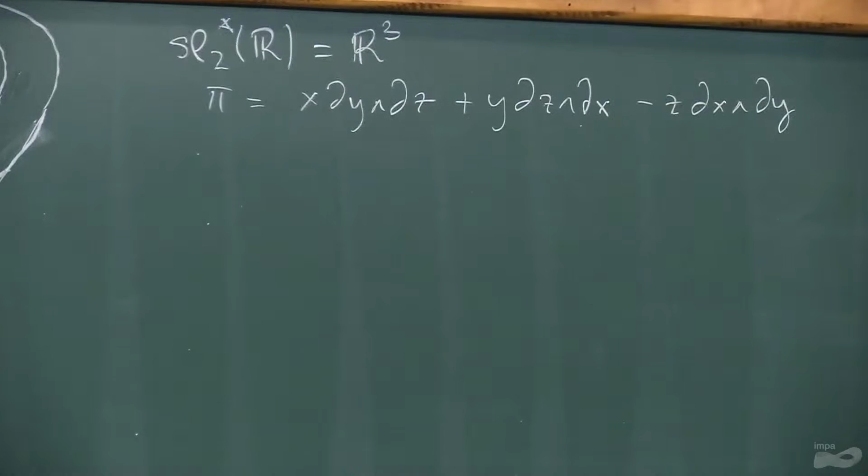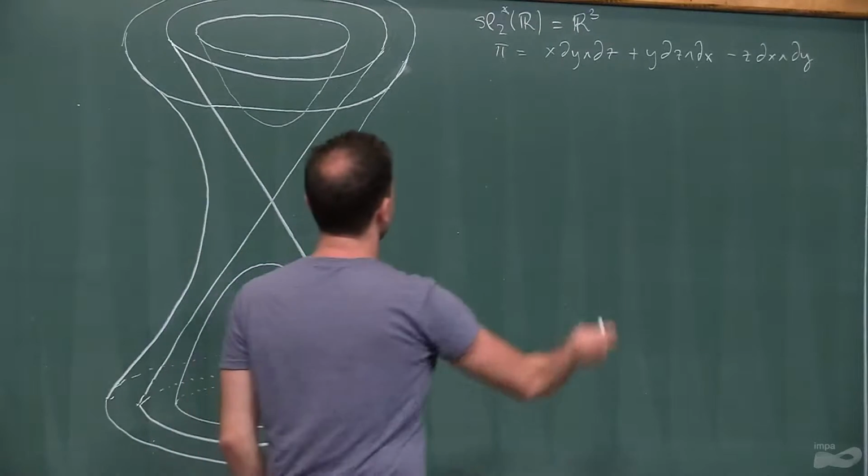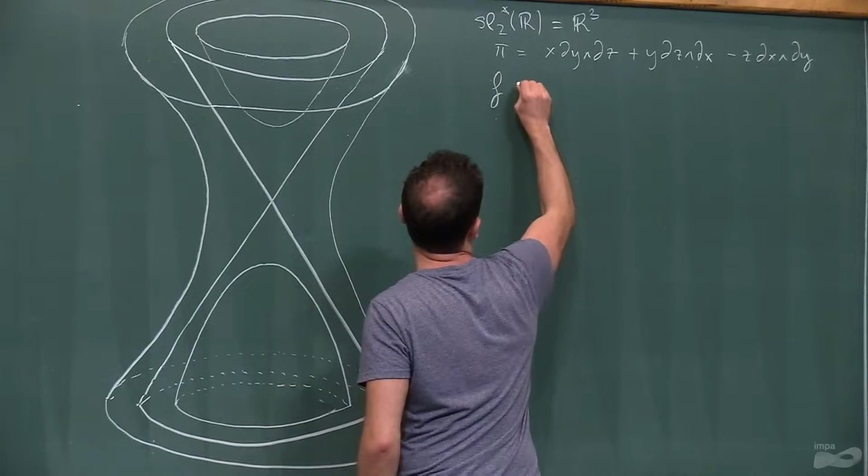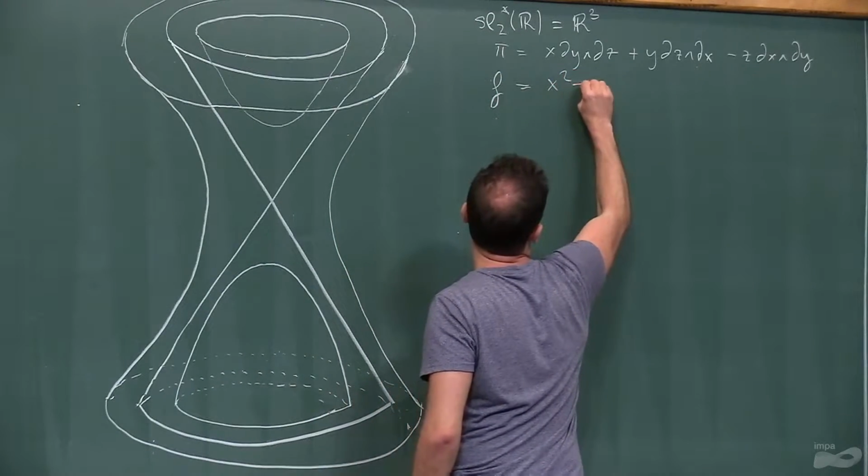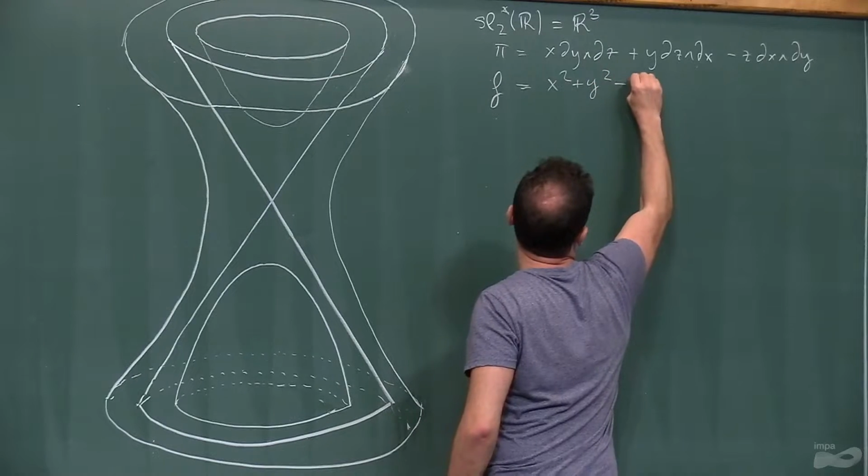And you have a basic Casimir function, which I'll denote by f, which is x squared plus y squared minus z squared.